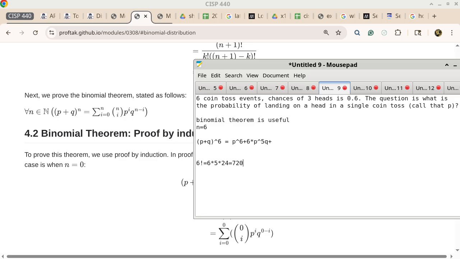So how do we compute 6 choose 2? So 6 choose 2 is 6 factorial divided by the product of 2 factorial times 4 factorial. So what is that? It's 720 divided by, what is 2 factorial? 2 factorial is 2. Very good. 4 factorial, we just did it. Okay, I made a mistake. It is 24. Because it's 4 times 3, which is 12, and then times 2, which is 24.